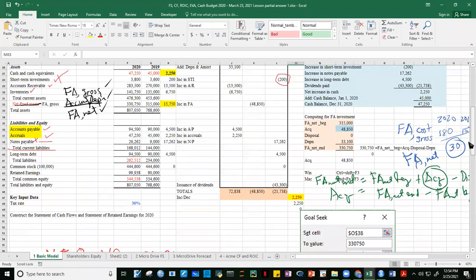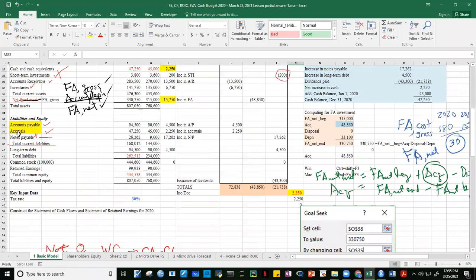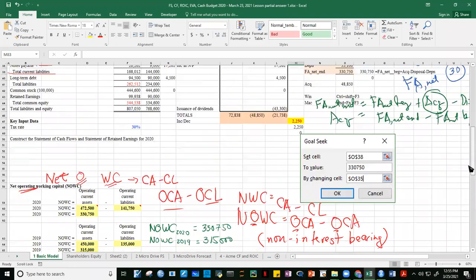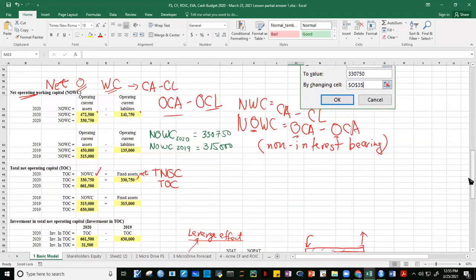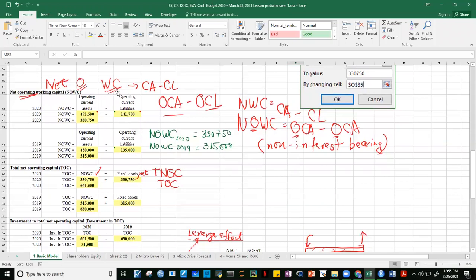And also from the operating current liabilities, we excluded notes payable in this case because notes payable, we said, is interest bearing. So we got the net operating working capital for 2020 and for 2019. Okay, so we have NOWC 2020 is 330, and NOWC for 2019 is 315.